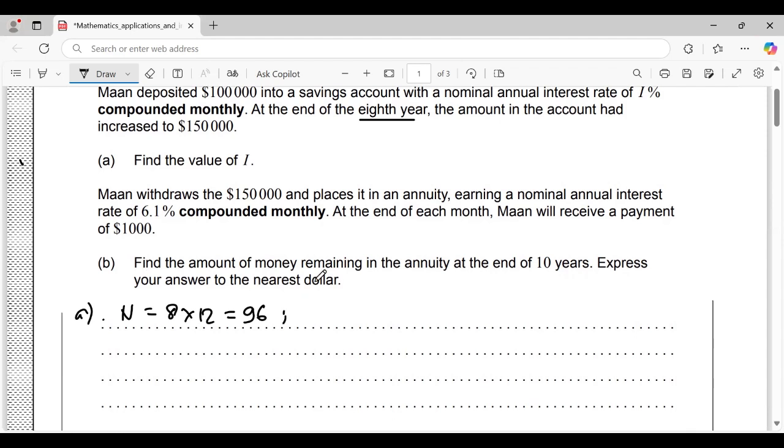And then after that, the final value is 150,000. Present value is 100,000. And we are going to find I.